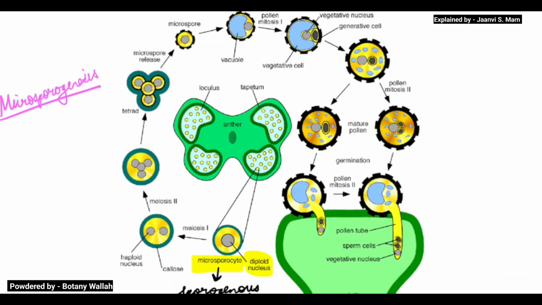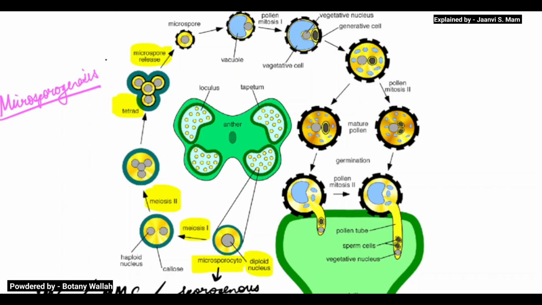You can say the sporogenous cell as MMC, microspore mother cell, or pollen mother cell, that is undergoing meiosis 1, which is forming two cells. Then you have meiosis 2, which is forming the tetrad, the microspores.